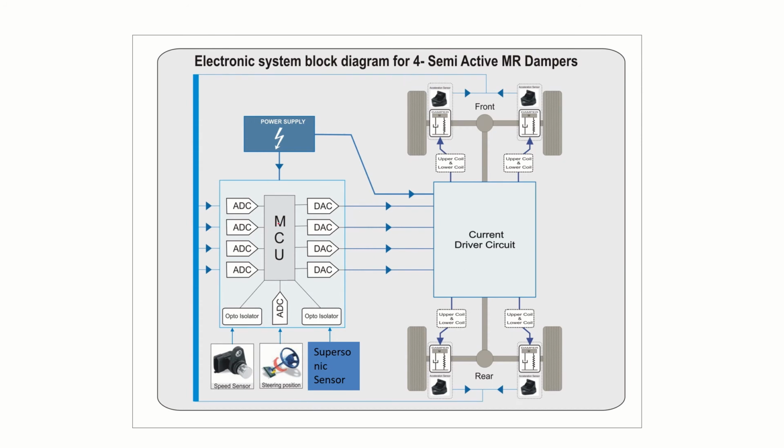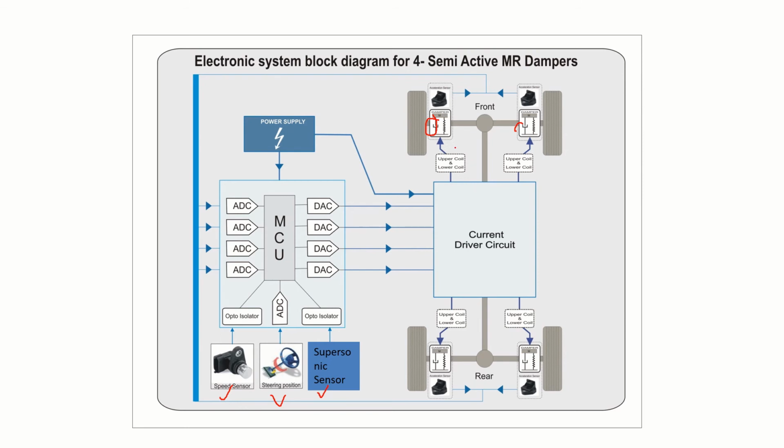You can look at YouTube videos, many are available, to understand how exactly an MR fluid damper works. You can connect it to all four wheels like this: MR fluid dampers at front, rear and all that. Now the question is, you can use various sensor systems like a speed sensor, steering position sensor, and ultrasonic sensor.